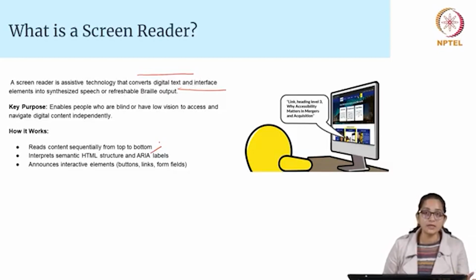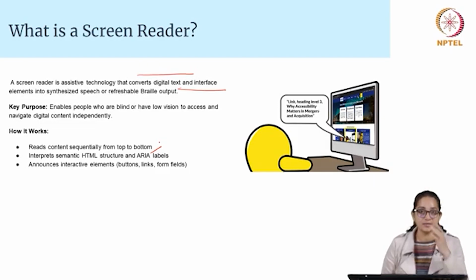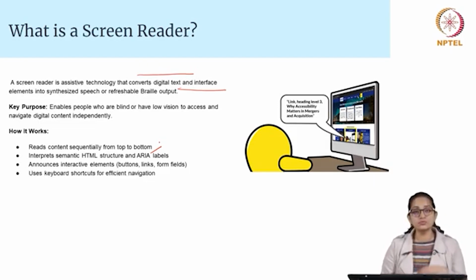in an audio format. So persons who are blind or have low vision know that these are interactive elements and that they have to perform a certain action. It uses the keyboard as the primary input source, and keyboard shortcuts for efficient navigation.